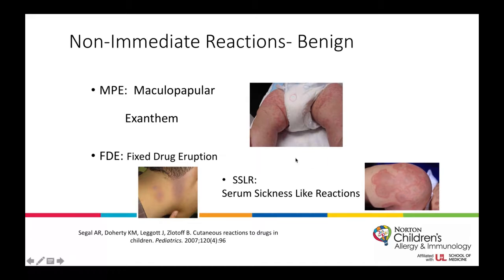I do want to put a star on serum sickness-like reactions, especially in the pediatric population, because there is some data coming out now that a lot of the time this is, again, infectious, not drug induced, and they could be challenged with that drug later on in life, and they may not need to completely avoid it.